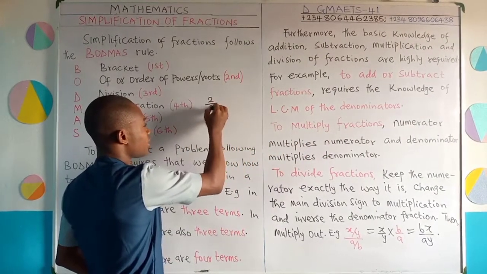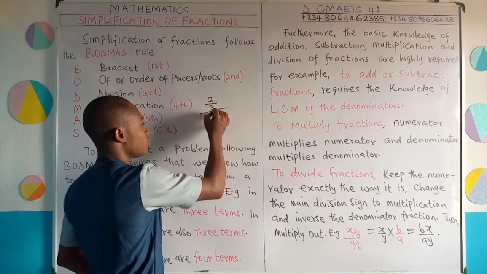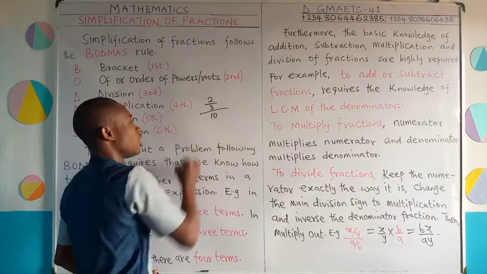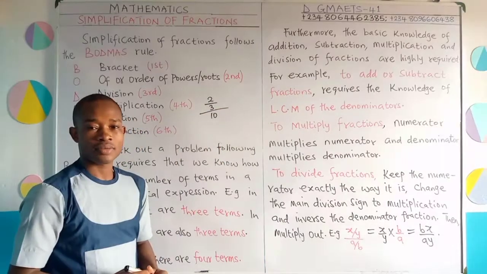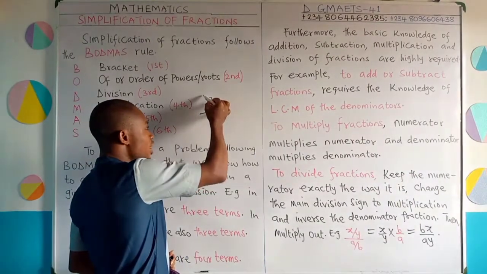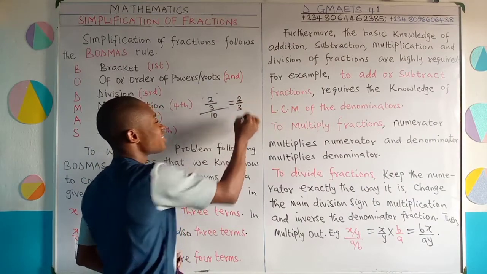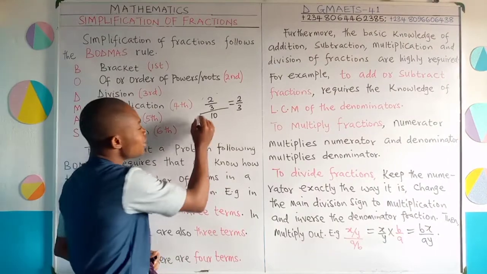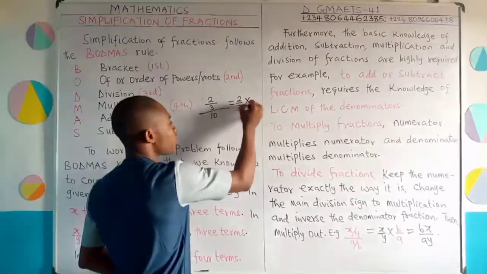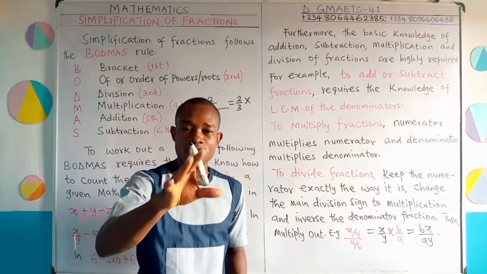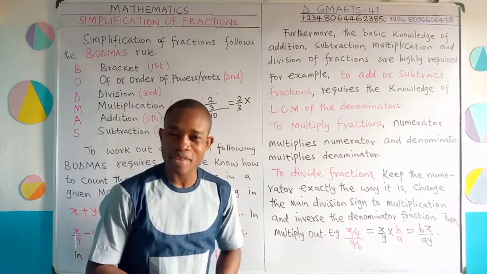2 divided by 3, let us say all over 5. Or should I make it all over 10? How do you work out this? The numerator here is a fraction, which is 2 over 3. So you are expected to keep 2 over 3 exactly the way it is. This major fraction, change it to multiplication. This 10 standing alone here, any number, any term given to you standing alone can be divided by 1.